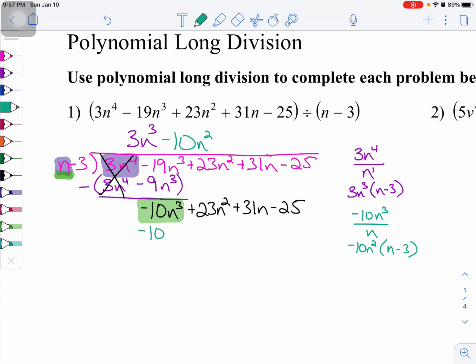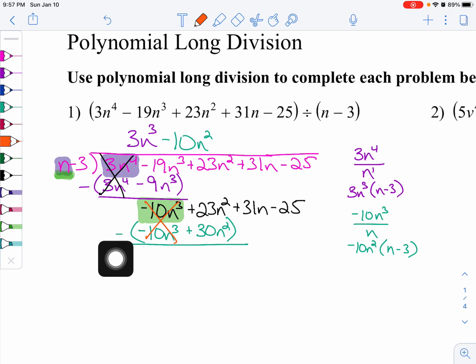So let's see what happens there. We get negative 10n cubed plus 30n squared. So I'm going to take that and subtract those. All right, so what's going to happen here? Well, my first two terms are absolutely going to cancel each other out. They have to do that or else something did not go right with your division.